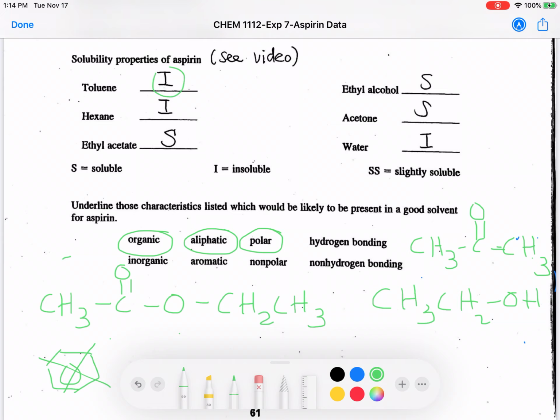It would be a good one to have hydrogen bonding too, since alcohol can have hydrogen bonding due to this OH group. Since it's soluble in acetone, non-hydrogen bonding also I would say suitable. I'll wait for the hydrogen bonding, I'll choose that. So we can choose these 4 properties for a suitable solvent.